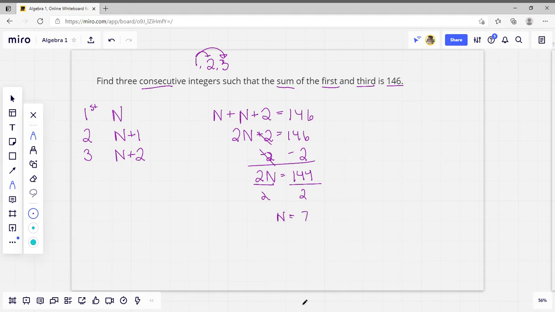Now 72 isn't our answer. We're asked to find three consecutive integers, so not just one number. Our answer is going to be 72, would be n, so that's our first one.